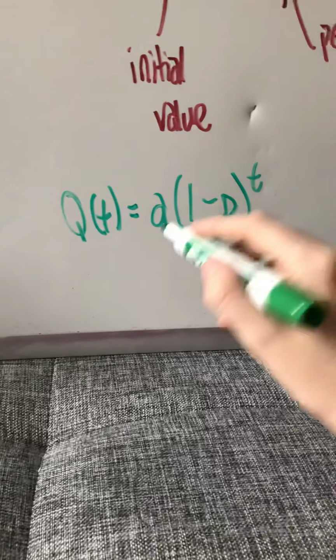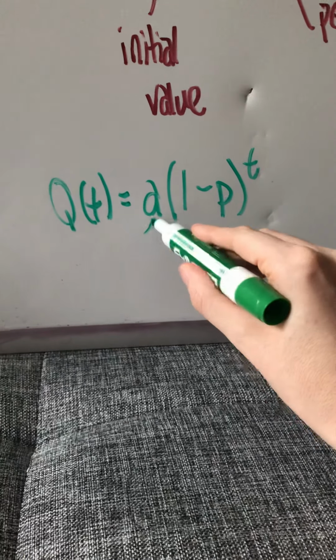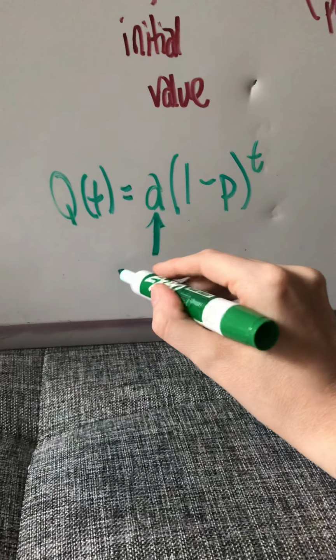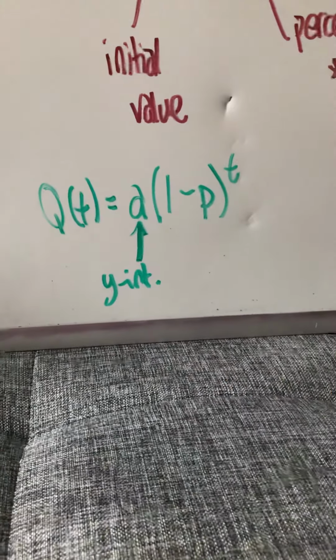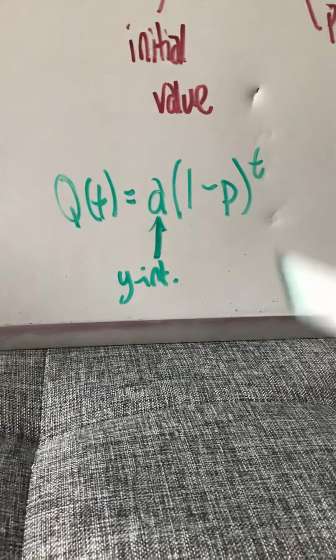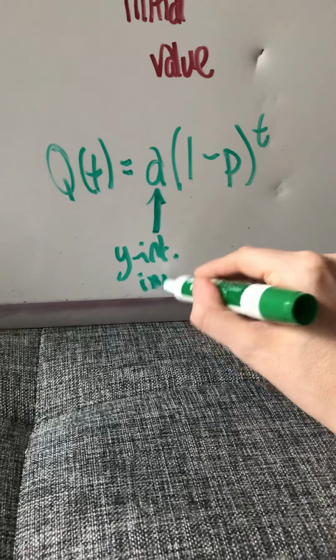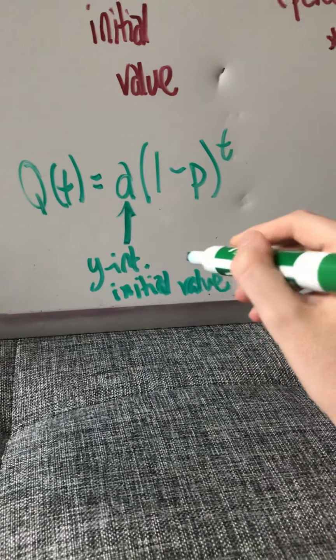Okay. Oh, now I put an A here. Well, what in the world does A mean? Oh, Melissa, you're absolutely right. That does mean that that's your y-intercept. Well, another word for my y-intercept, Josh, is 100% your initial value. So it still means the same exact thing. That's still your initial value here.